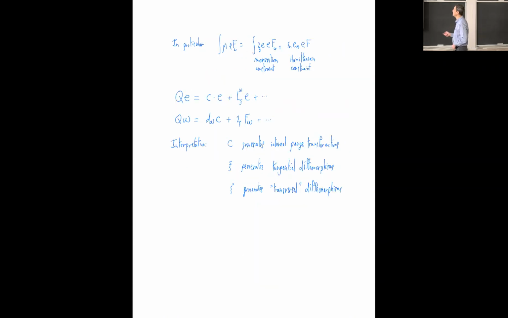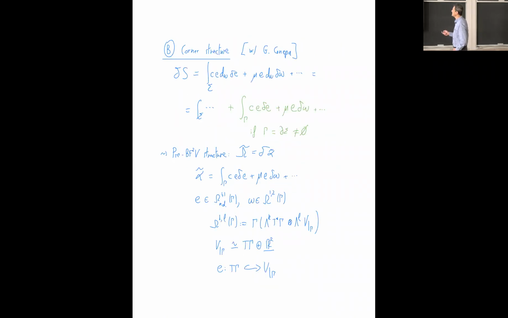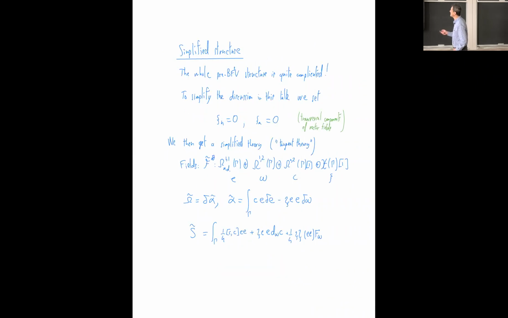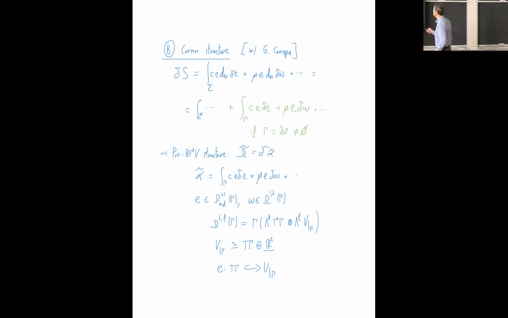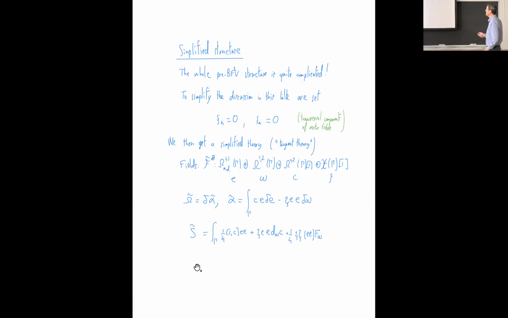Maybe let me just jump to the result at the corner. On the corner, you get some interesting structure: a degenerate two-form, a one-form, and an appropriate vector field. Let me mention very quickly that a simplified structure can be described explicitly.